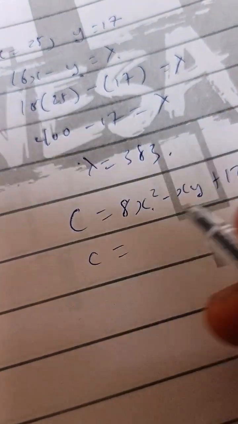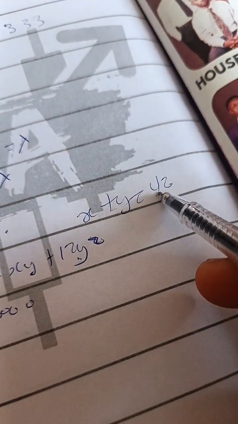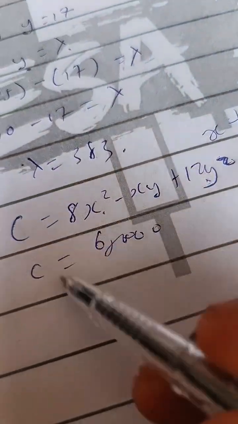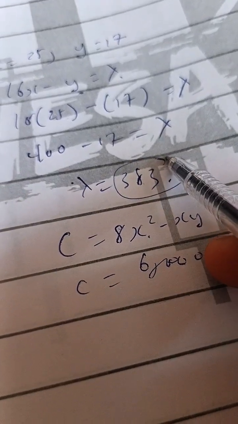Let's say, just for the sake of explanation, that we get the value to be 6,000. Hypothetically speaking, lambda is telling you, if we increase the constraint, remember our constraint was x plus y is equal to 42, by 1 unit, say from 42 to 43, how much is this value of c going to change? That value is just going to be lambda, or 383.